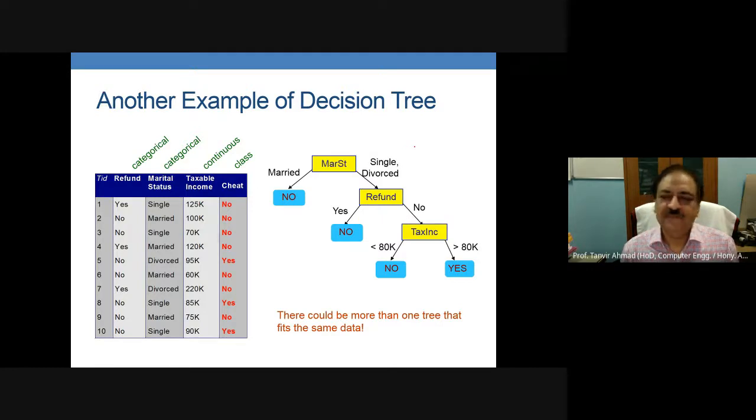And, for example, I can also make taxable income the root and try to do like this. But whatever you generate, it will stop at a leaf which normally will be pure. But if it is not pure, you apply any of the stopping criteria and stop at that moment. Any questions?